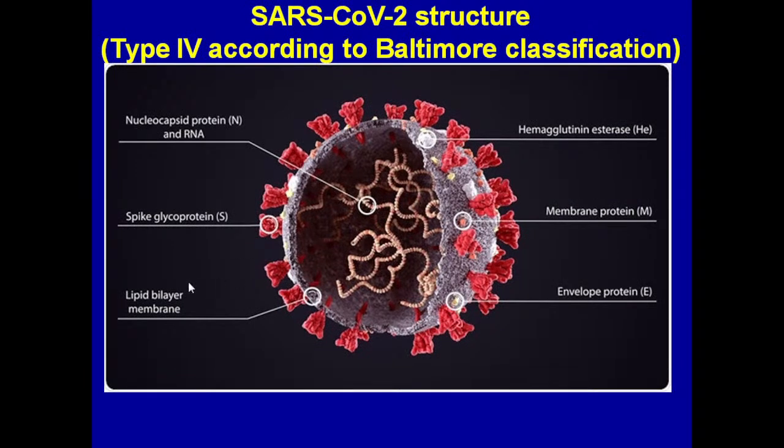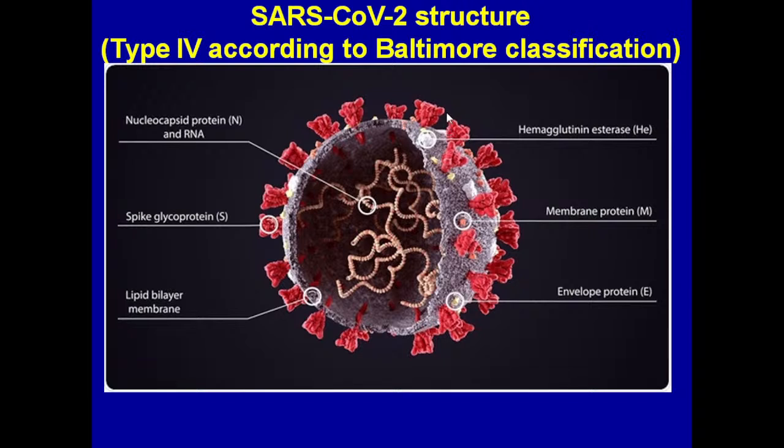Now let's take a look at the structure of the coronavirus. As we usually mention the Baltimore classification, this is type 4 according to the Baltimore classification. And it is an enveloped virus with a supercapsid, enveloped by a phospholipid bilayer with several types of spikes.